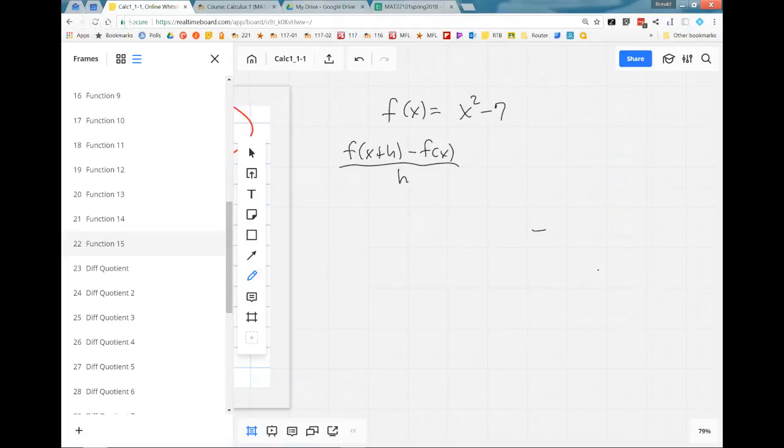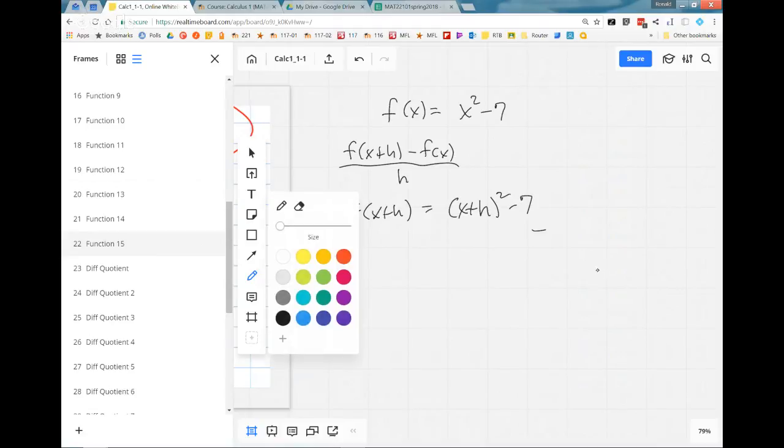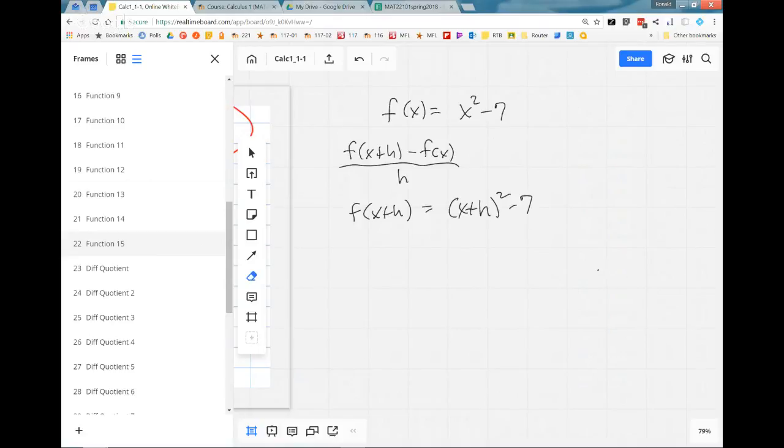All right, so to find the difference quotient for this thing, I first have to find f of x plus h. And that would be (x plus h) squared minus 7. So that's x squared plus 2xh plus h squared minus 7.